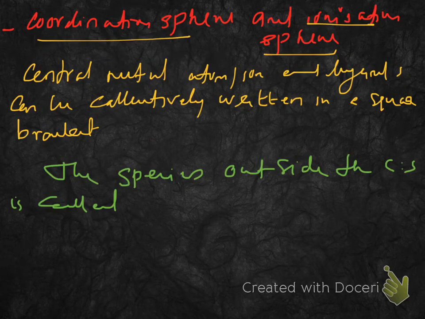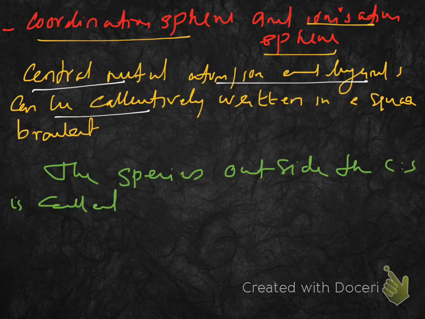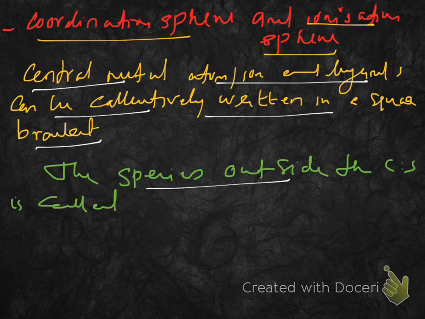Now, coordination sphere and ionization sphere. The central metal atom along with its ligands written inside a square bracket is called the coordination sphere. Species outside the coordination sphere is called the ionization sphere or counter ion.